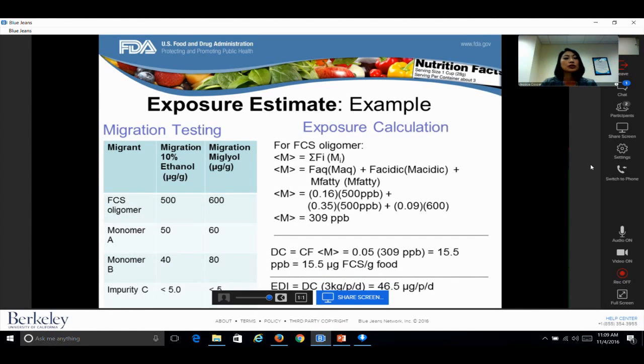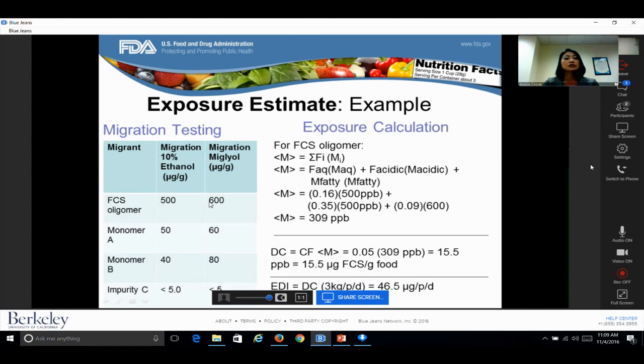So what we would get is something like this. If we look on the left, we have a table of the migration results. So for instance, we look at the migrant, we have food contact substance oligomers, and then we have migration levels for each of the different food types. So we have for ethanol, and we have for Miglyol, and usually this should be reported in units of micrograms per gram.